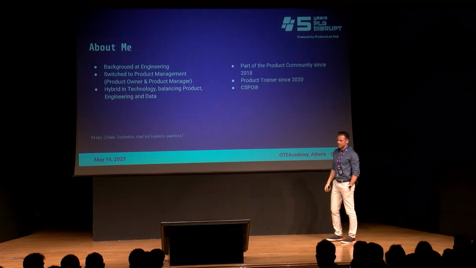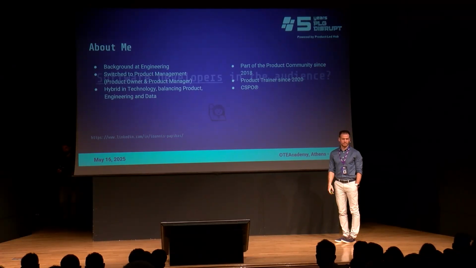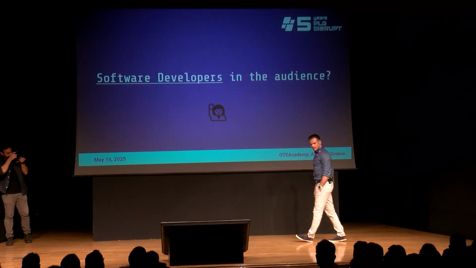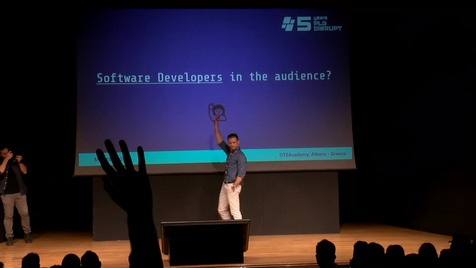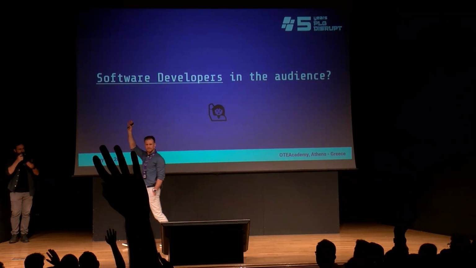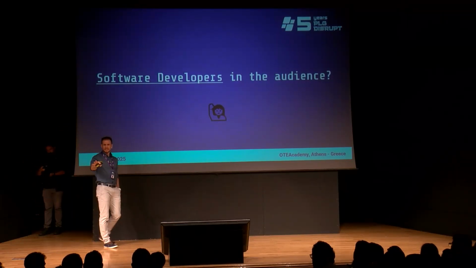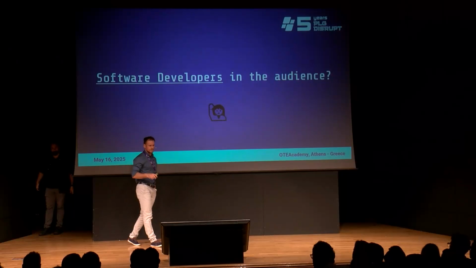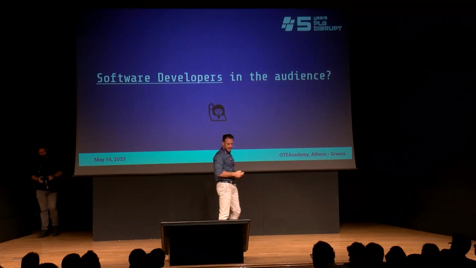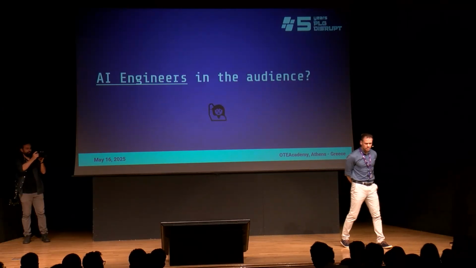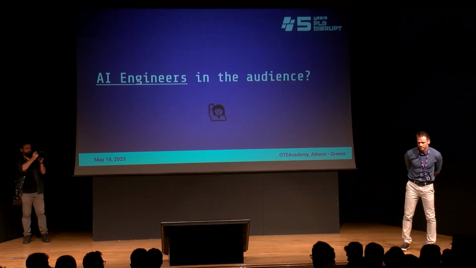So let's get to know you now. How many software developers do we have in the room? All right, nice. Thank you. This is nice stretching, actually. You're going to sit here for a few minutes. How many AI engineers do we have here? Okay, right.